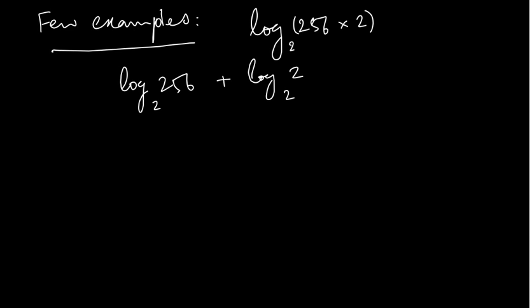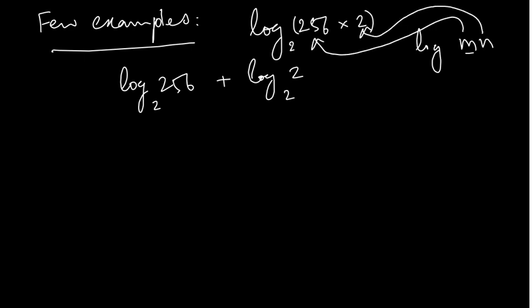This is log of m into n, where m is 256 and n is 2. So you split them, log 256 and log 2 separately, because log of mn is log m plus log n. This is the rule.